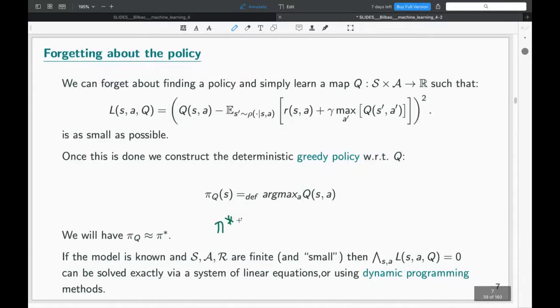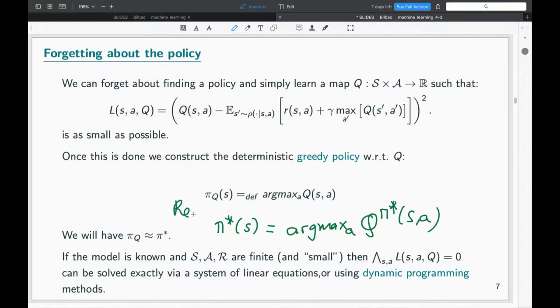So pi star, as we saw last week, is arg max of Q pi star of S, A. So the optimal policy is just the greedy policy with respect to its Q values.